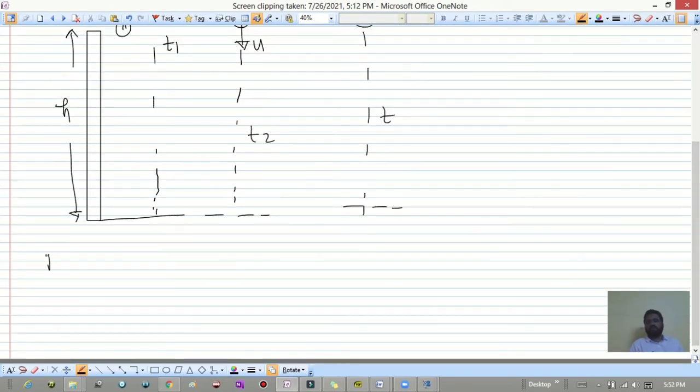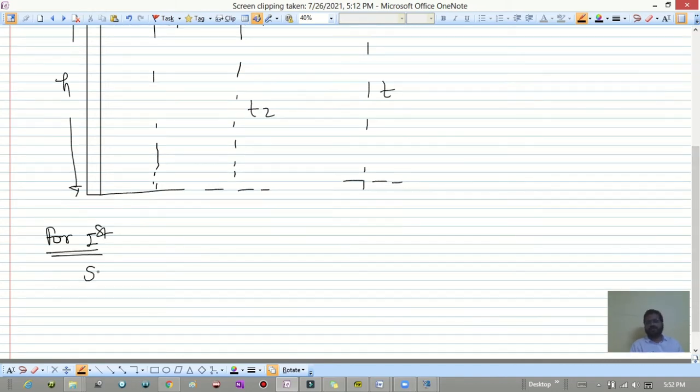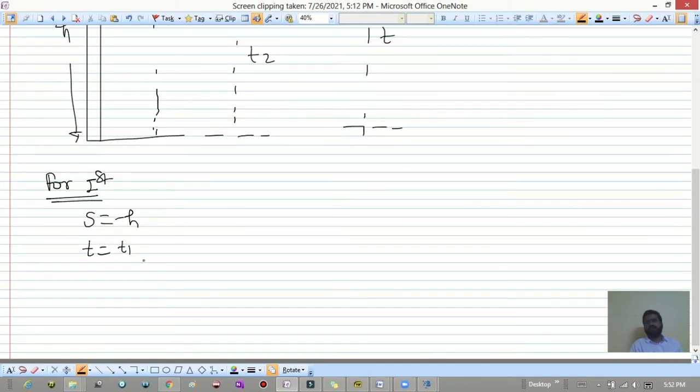So for the first ball, we can write displacement as minus h, time as t1, initial velocity is u, and a is equal to minus g.